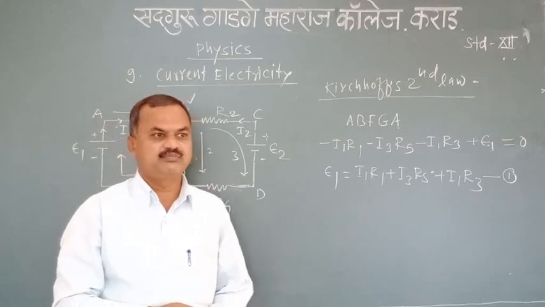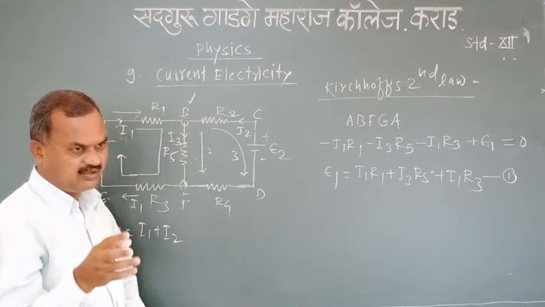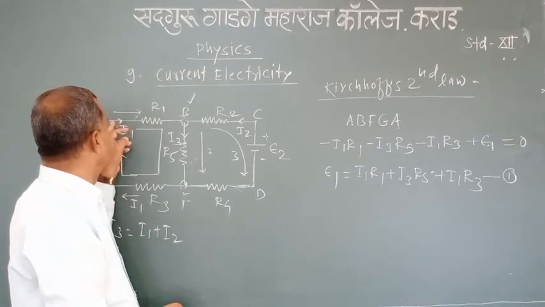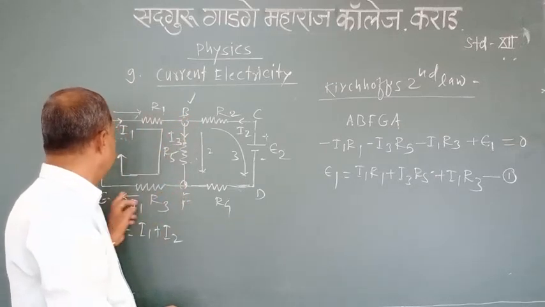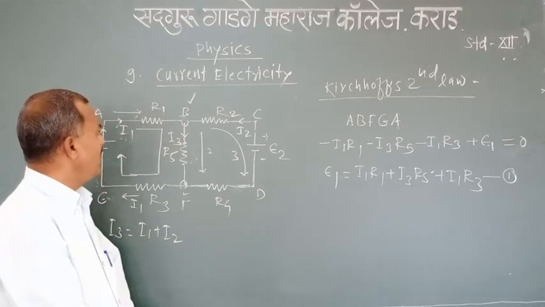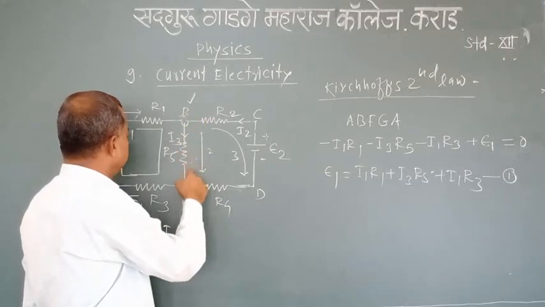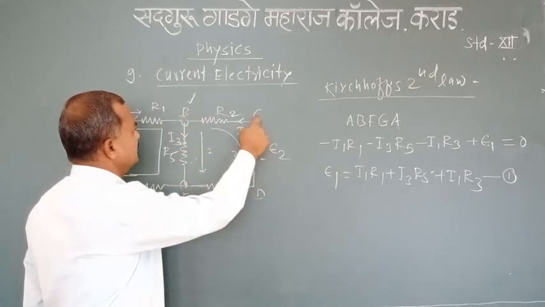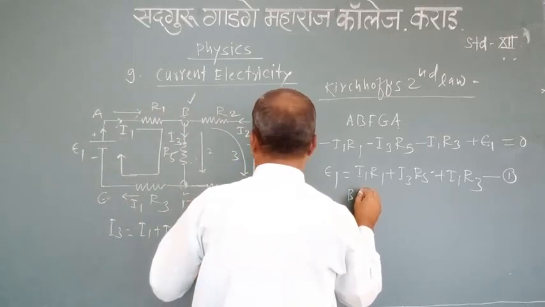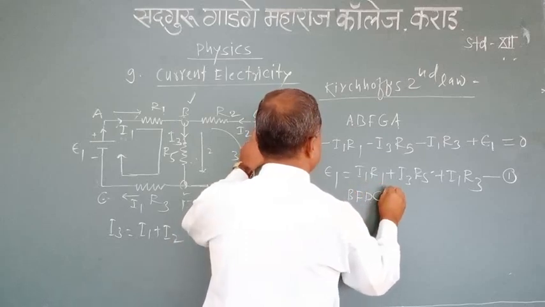This is the equation obtained by applying Kirchhoff's second law, the voltage law, for the closed loop A, B, F, G, A. Then consider another closed loop B, F, D, C, B.